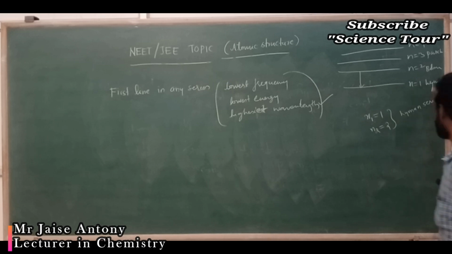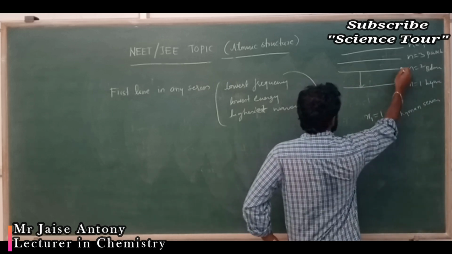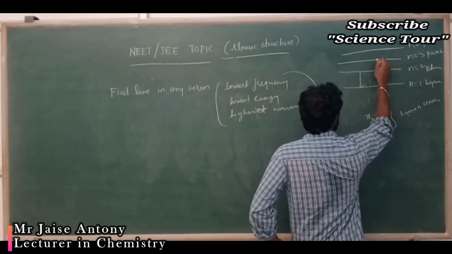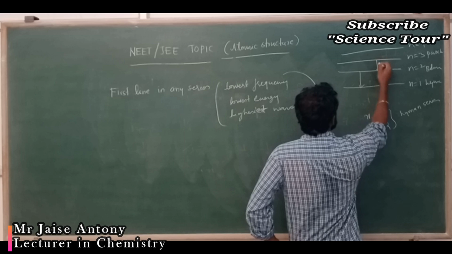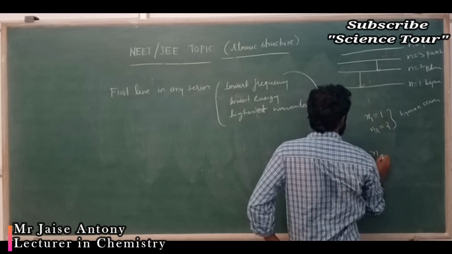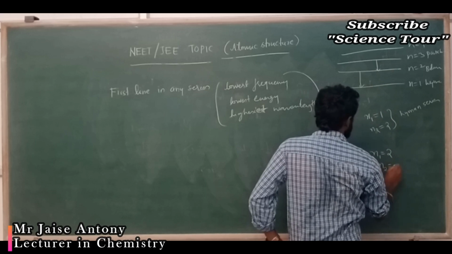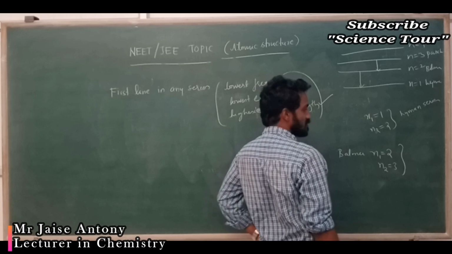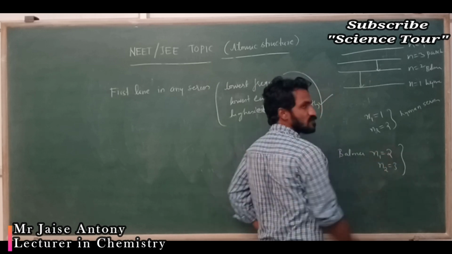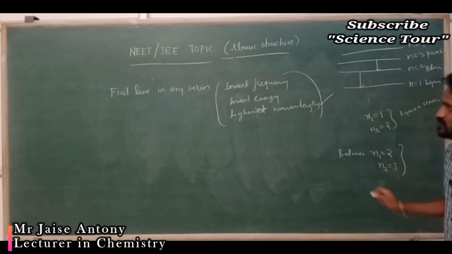Imagine for Balmer, this is actually the energy level. If any particle jumps from n is equal to 3 to n is equal to 2, n1 means 2 here, n2 means here 3. This jump is actually the shortest jump in Balmer. Shortest jump is 3 to 2, correct? This gives highest wavelength, lowest energy, lowest frequency.